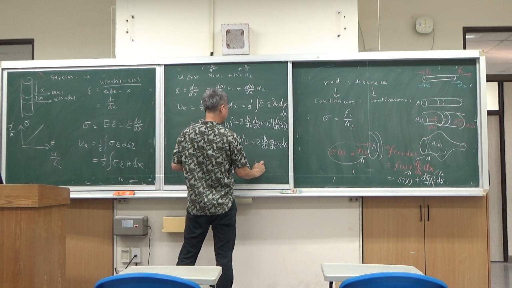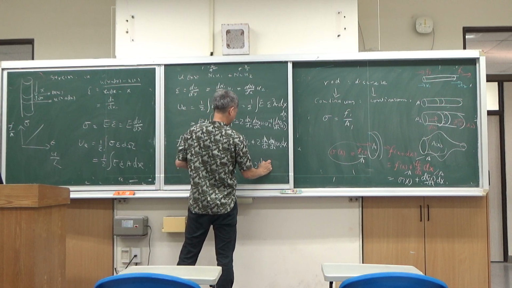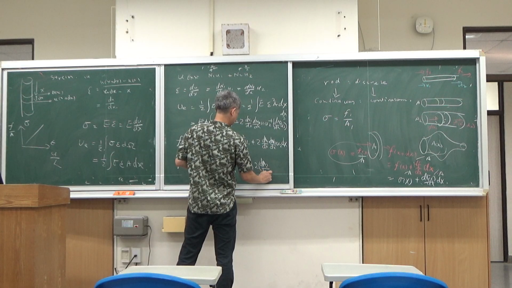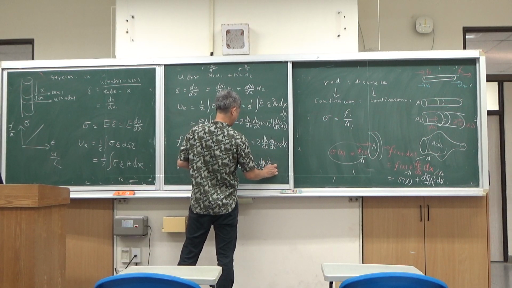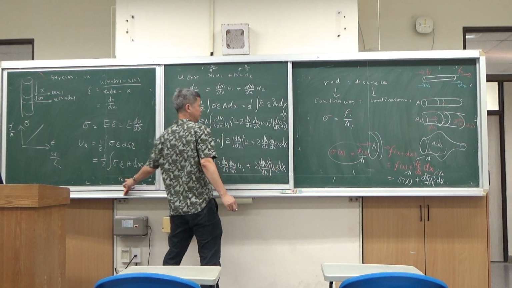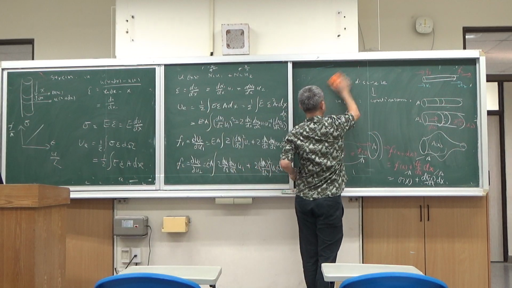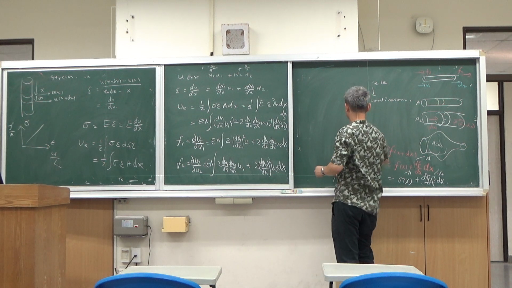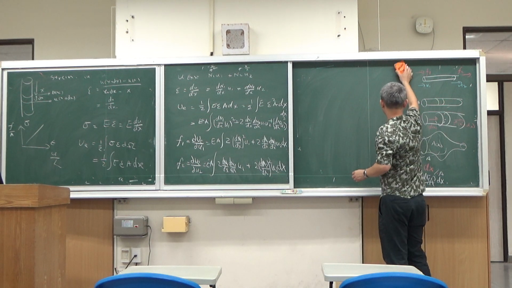You have 2 times shape function gradient 2 squared and then u2 dx.